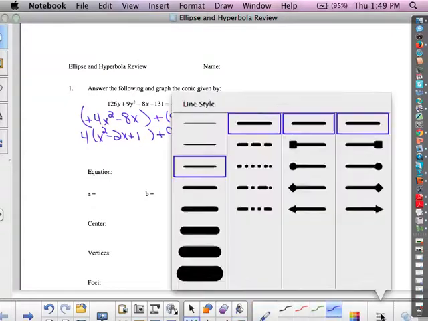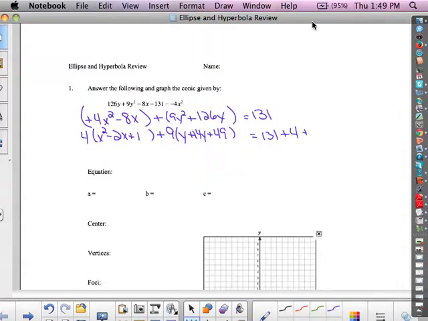Add 441. So now you have 4 times x minus 1 squared plus 9 times y plus 7 squared is equal to 576. Divide both sides by 576.